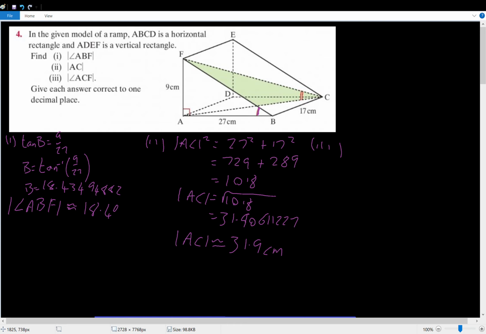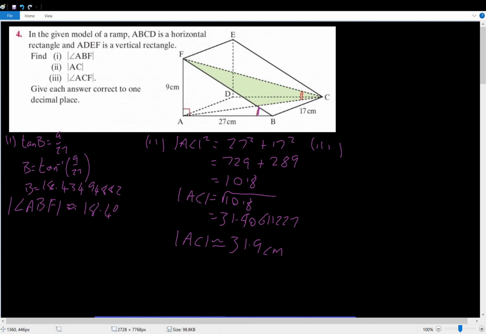ACF. So ACF is a right angle triangle as well, because we have to remember that there's a right angle here, saying that the rectangle on the bottom is at a right angle to the rectangle going up the side. We don't have the length of the hypotenuse in that triangle, but we do have the height over here, it's 9 centimeters, and we just figured out the length of the line that runs along the bottom of it is 31.9.